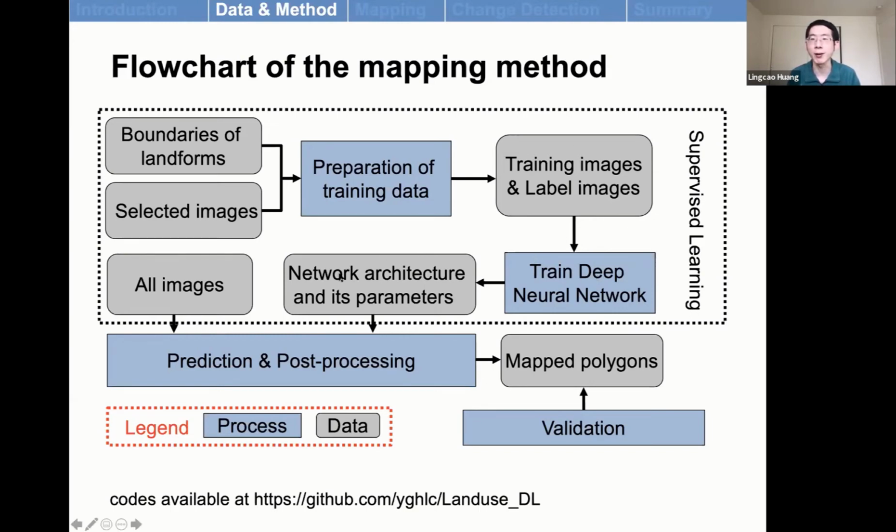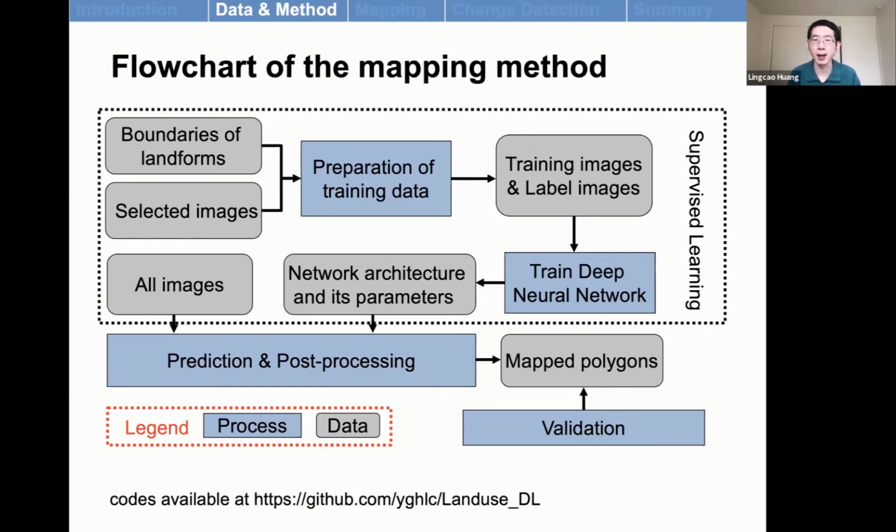After we get a well-trained network and its parameters, we can put all images through the network and do prediction, to predict where other similar landforms are, for example, where are the retrogressive thaw slumps or thermo-erosion gullies. Because we need training data, this is still a supervised learning algorithm.